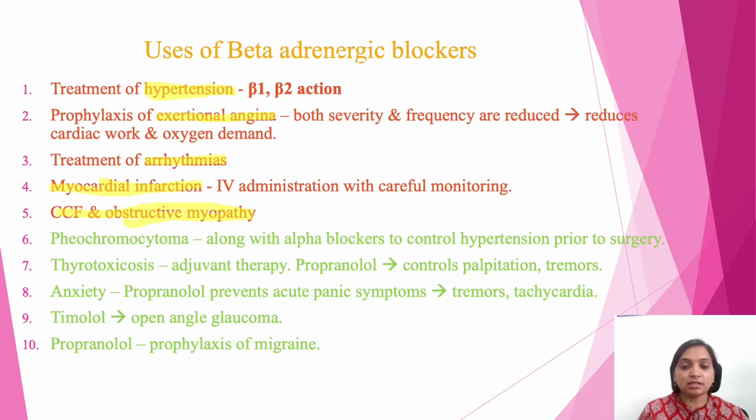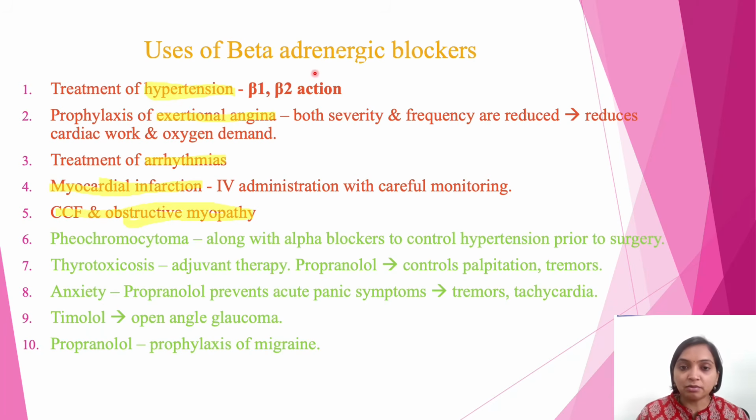All these are heart related diseases, so they are all called cardiac uses of beta blockers. They will be asking questions like this, that is why I'm stressing upon it. So cardiac uses, first one is hypertension.